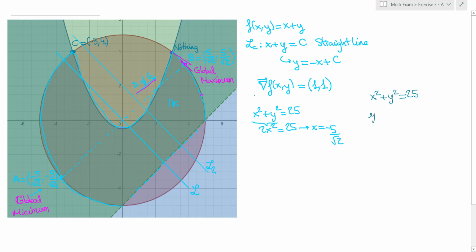Substituting, in fact, we get this point, or you can solve the system and get this point and this one. Good. So we conclude that this is a local maximum because the value of the function at C is bigger than at any other point within K in its vicinity.